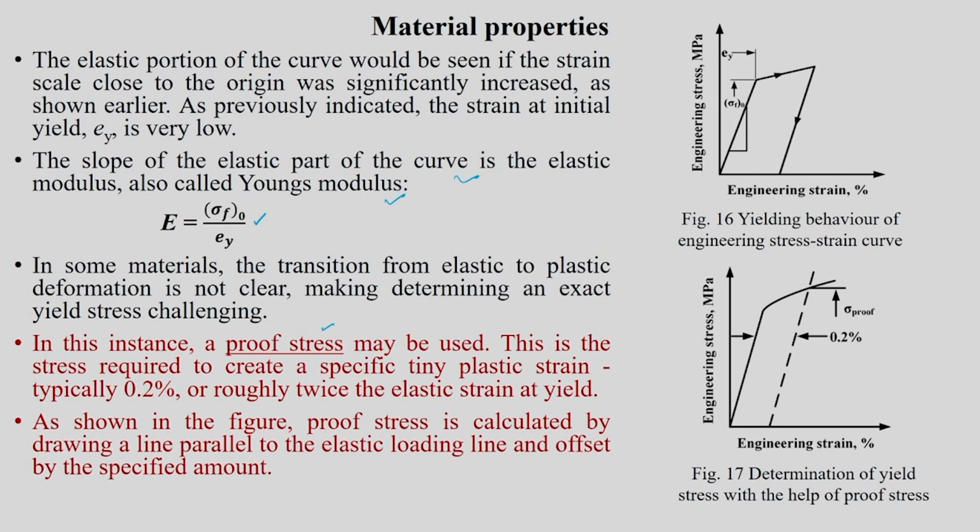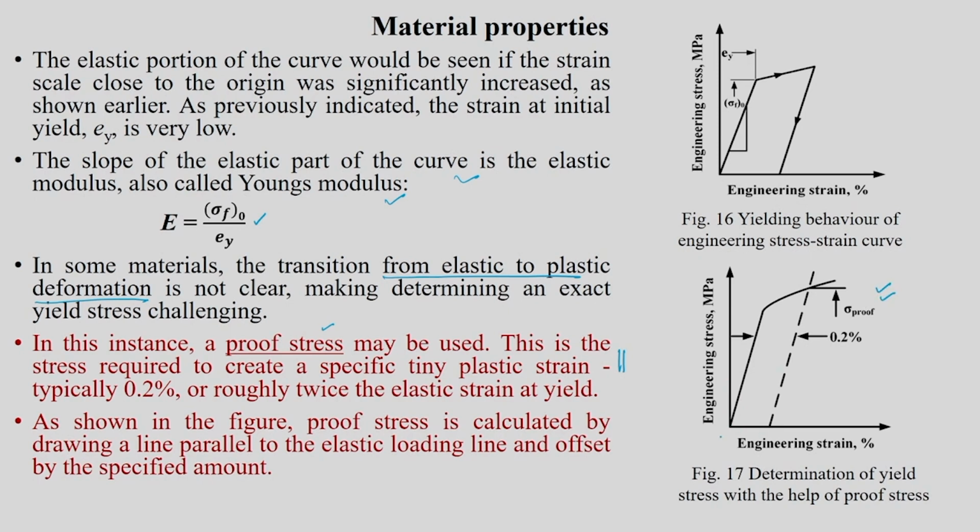And in some materials, the transition from elastic to plastic deformation is going to be unclear. There will be a smooth transition from elastic to plastic. So, in that type of materials you have to be careful, and for calculating the yield strength, we are going to use this particular method. So, what we do here is you zoom in to the initial part of the engineering stress strain curve, which is what is given here.